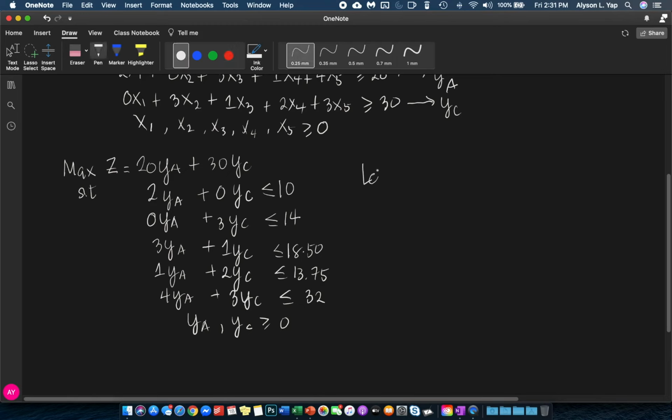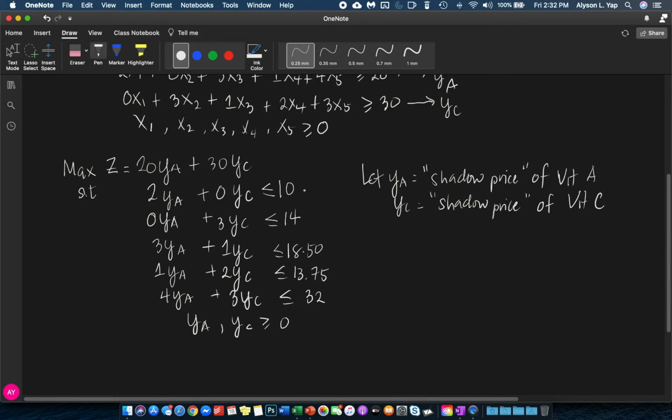Let YA be the, well, let me put it in quotation marks, the shadow price of vitamin A. And in this case, YC, again in quotation marks, the shadow price of vitamin C. Okay?